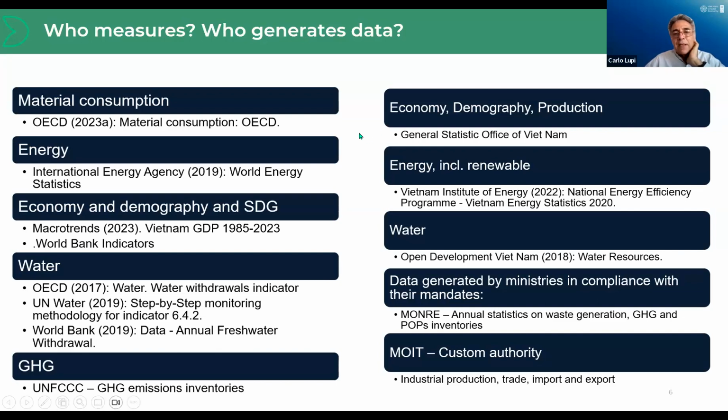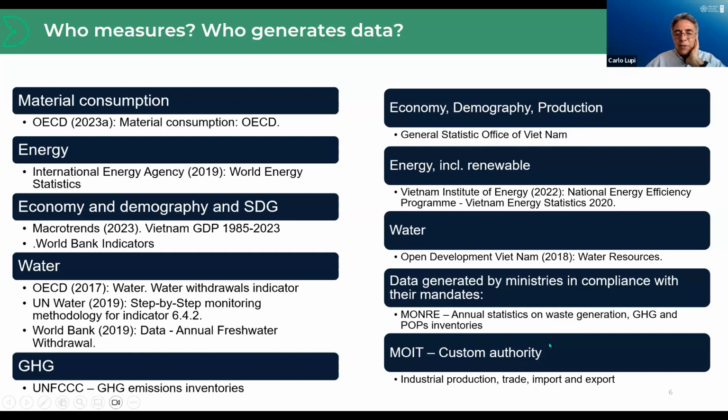At national level, obviously, the General Statistics Office of Vietnam is the reference for data generation, but there are also very useful data generated by the Vietnam Institute of Energy and the National Energy Efficiency Program, which released Vietnam Energy Statistics 2020.